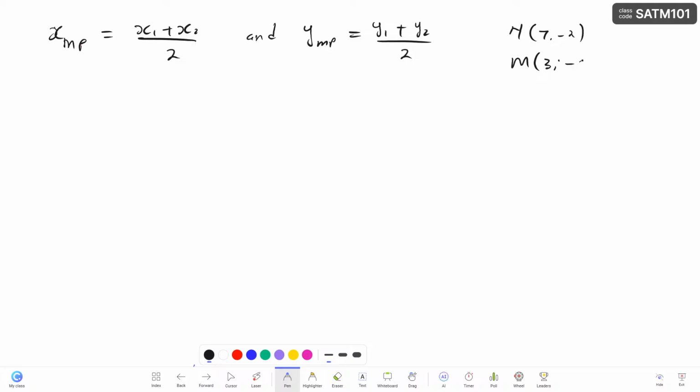So what you need to do here is to take this 3 for x midpoint, which is going to be 3 equals x1 plus x2 divided by 2. And now we need to take negative 5 for y midpoint. So it's going to be negative 5 equals y1 plus y2 divided by 2.